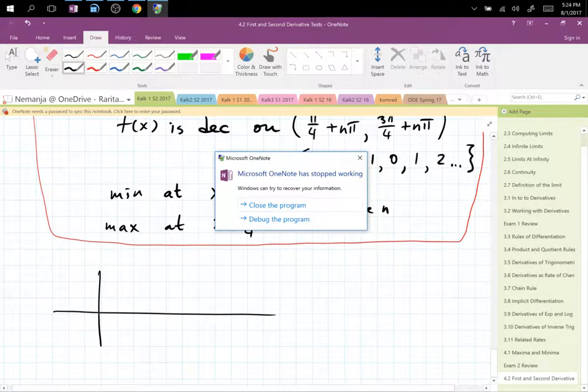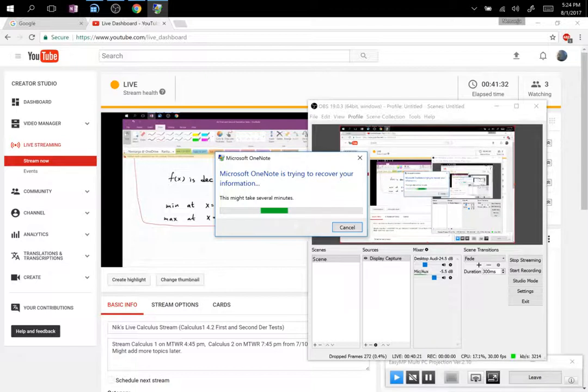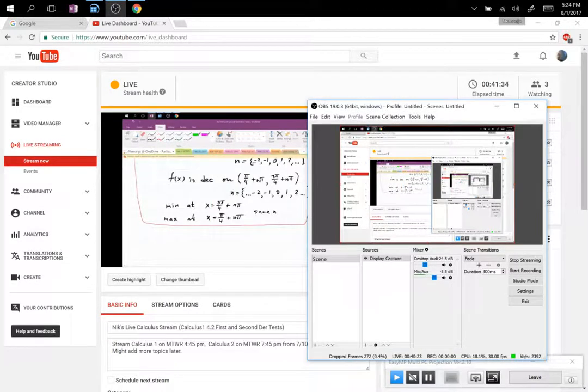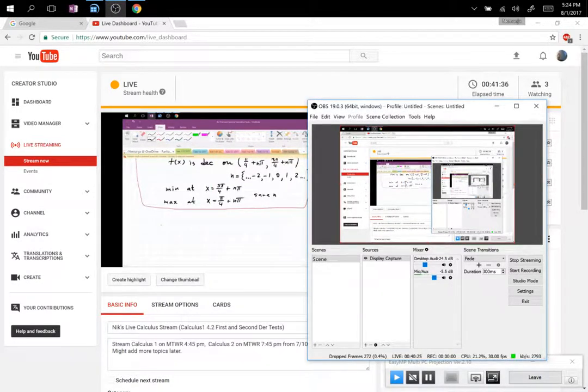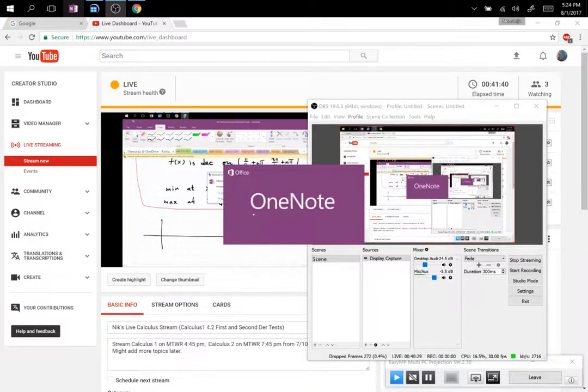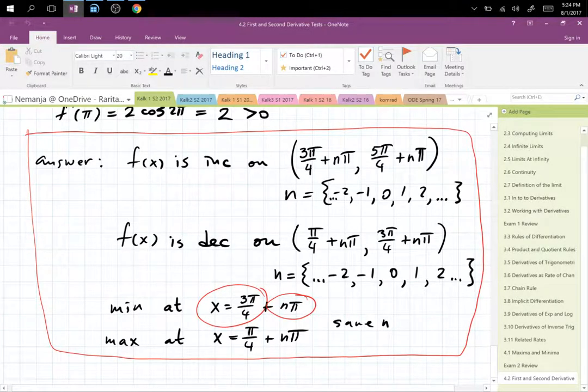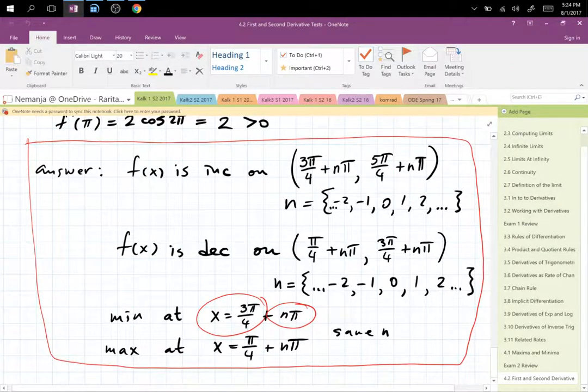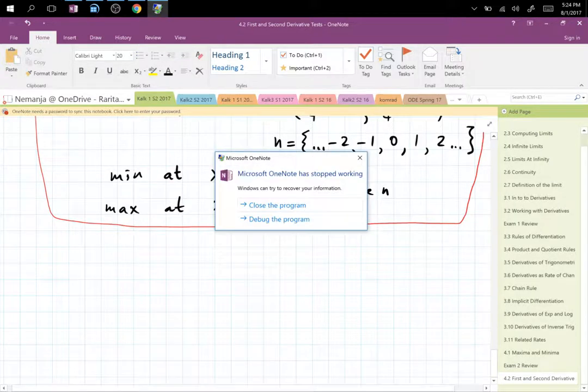Of course, as soon as I try to draw a sine function, it explodes. Oh, come on.